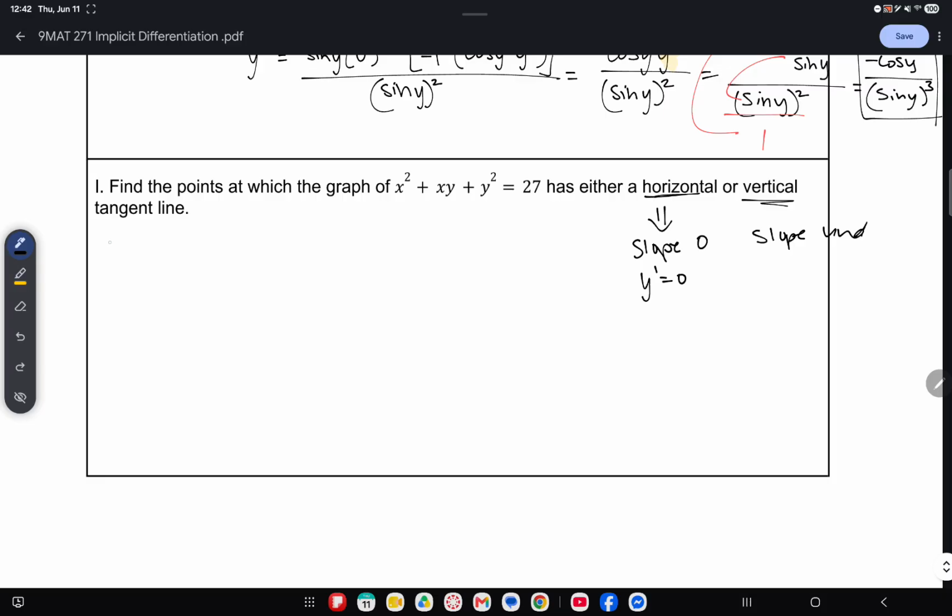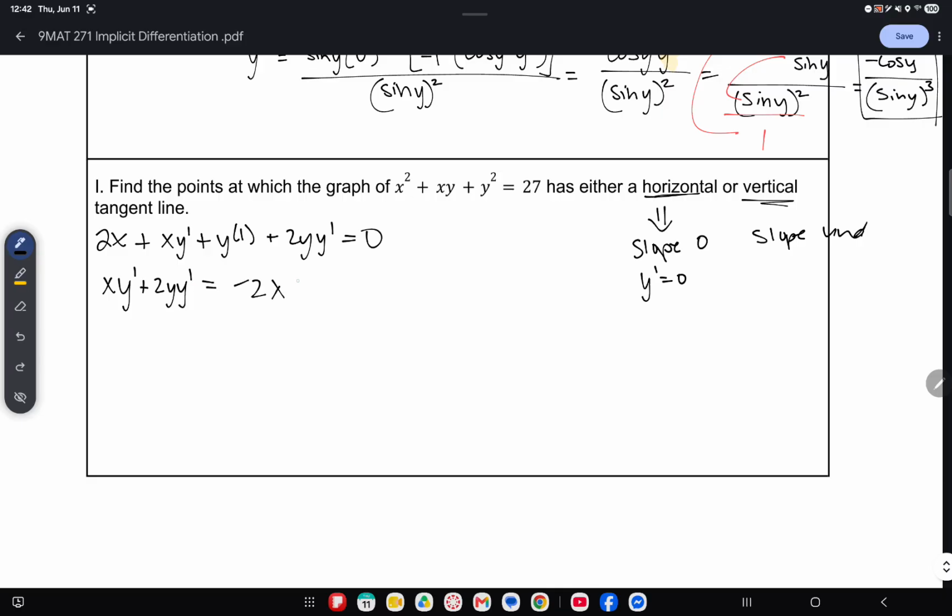So let's do a derivative. So 2x, and that's a product rule. Left d right plus right d left. And then 2y y prime equals 0. All right, let's clean it up. Let's move everything that doesn't have a y prime to the other side.